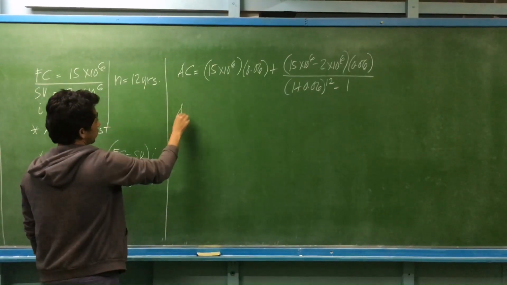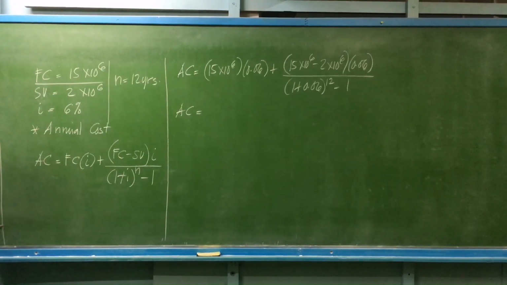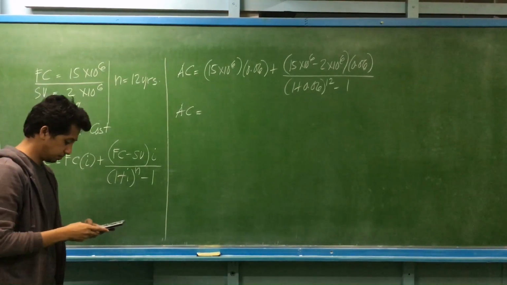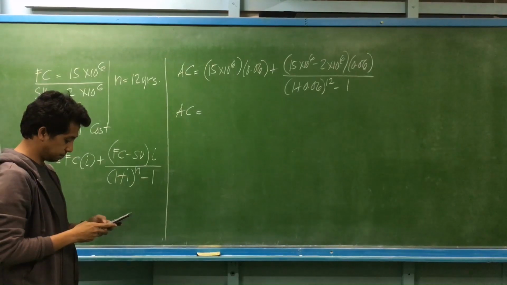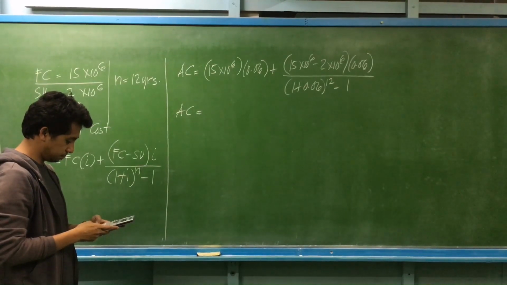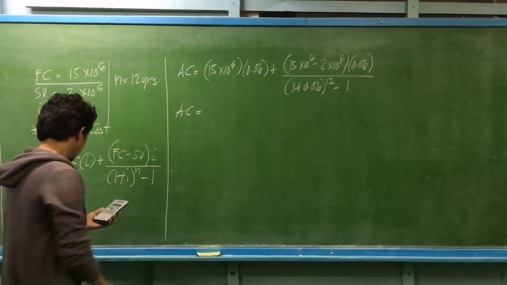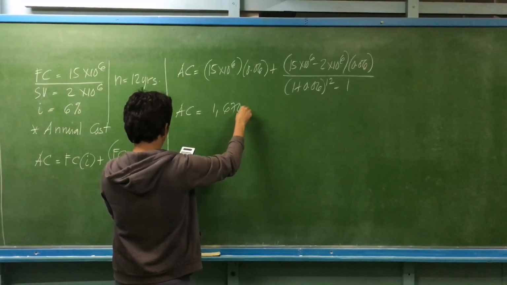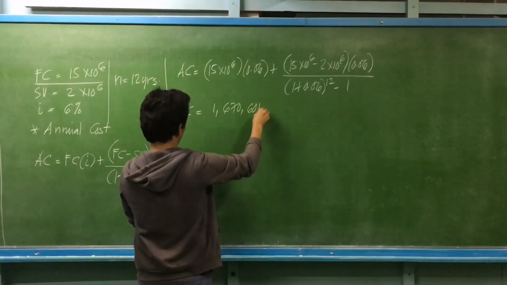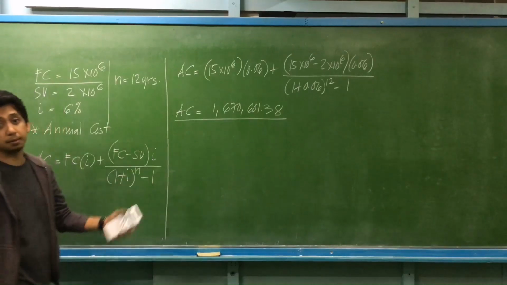So what will be the value of the annual cost? So this will be equal to 1,670,601.30. So that will be the annual cost answer for this problem.